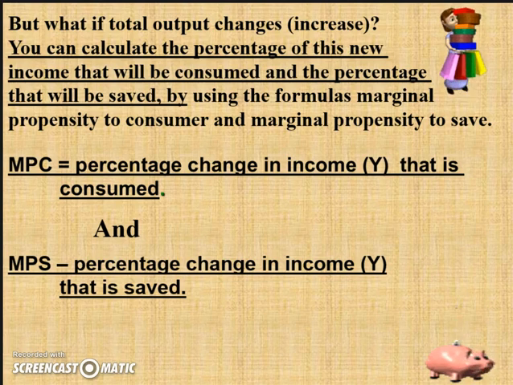You can calculate the percentage of this new income that will be consumed and the percentage that will be saved by using the formulas marginal propensity to consume and marginal propensity to save. MPC equals the percentage change in income that is consumed, and MPS is the percentage change in income that is saved. That should be an equal sign, and there's a lot of typos here.